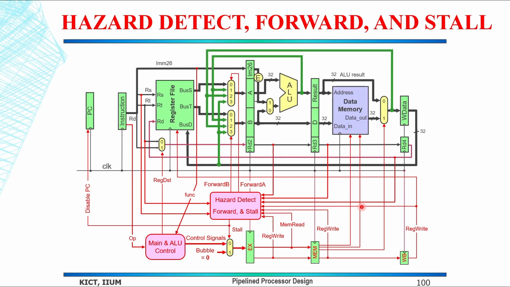This is basically a complete diagram which involves all the components and the newly added multiplexers that detect hazards. They forward where it needs to forward, and stall where it needs to stall, according to the situation.